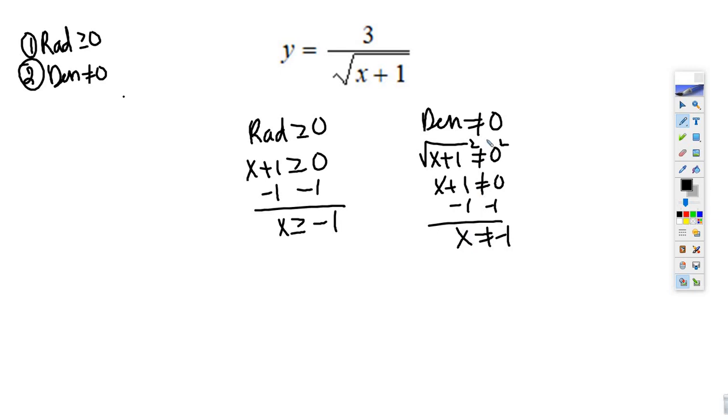We just can't have 0 in the denominator, and that's what this tells me is going to happen. Negative 1 plus 1 is 0, and the square root of 0 is 0, and we just can't have 0 in the denominator. So my domain is negative 1 not included up to positive infinity. Now remember, you can do it in one step by simply stating that the radicand as a whole has to be greater than 0 but not equal to.